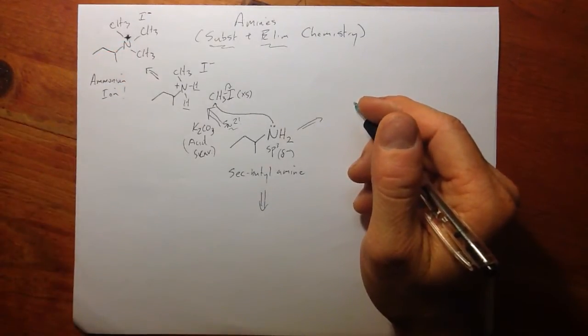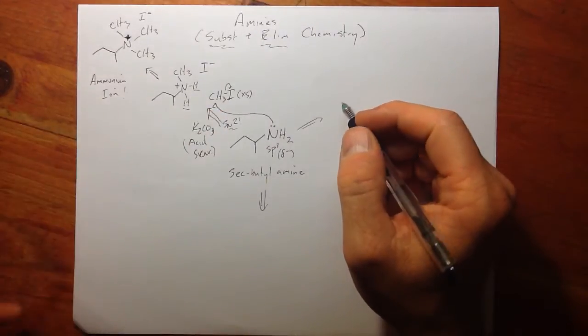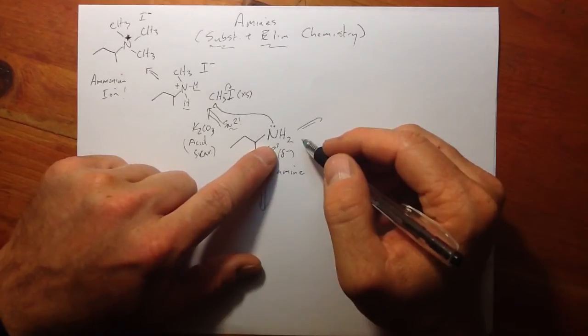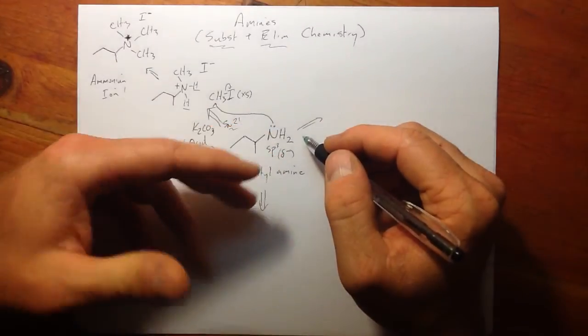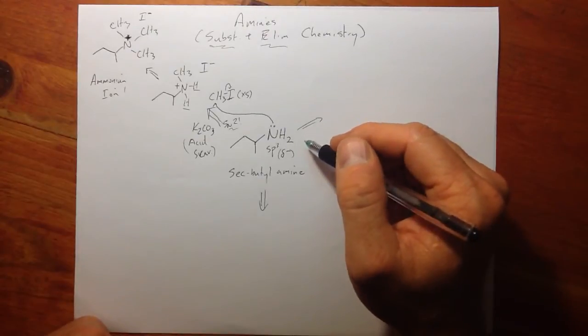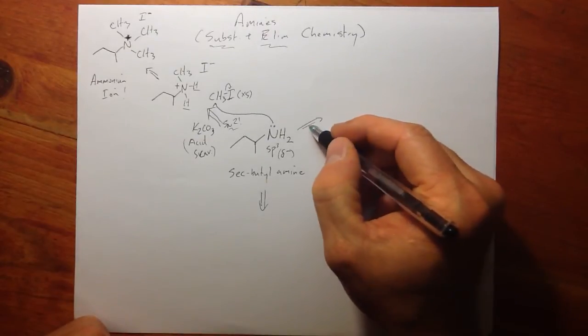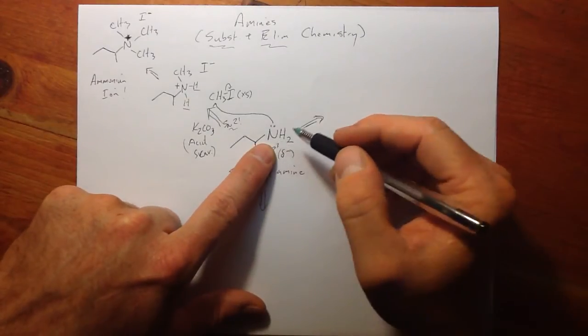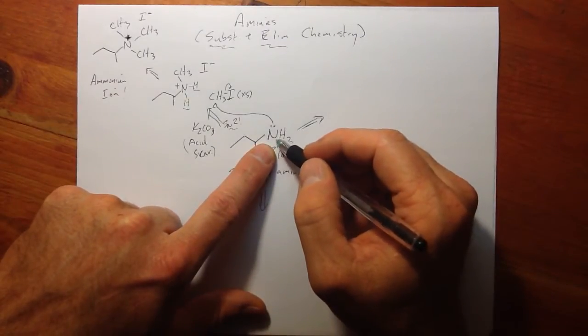So this is just an alkylation reaction. We've used methyl groups for this alkylation reaction. We could have used an ethyl group to alkylate this nitrogen. You can make in this way tetrabutyl ammonium bromide, a very common phase transfer catalyst. But what if we didn't want to go all the way to full alkylation of this nitrogen?